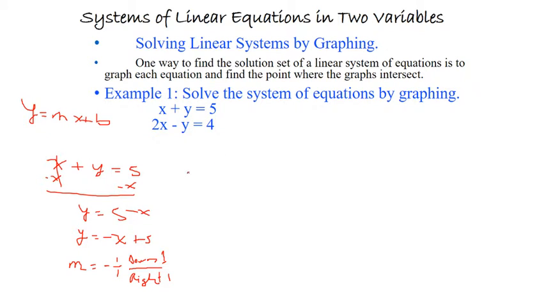And then I'm going to take the second equation. So I have 2x minus y is equal to 4. We're going to subtract 2x from both sides. We have negative y is equal to 4 minus 2x. I'm going to divide by negative 1, because we have a negative 1 here which you don't see.